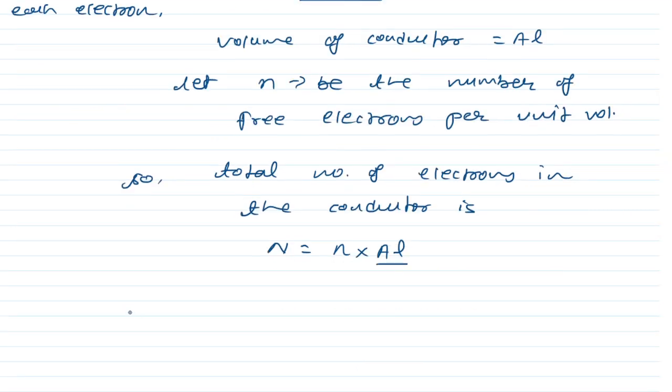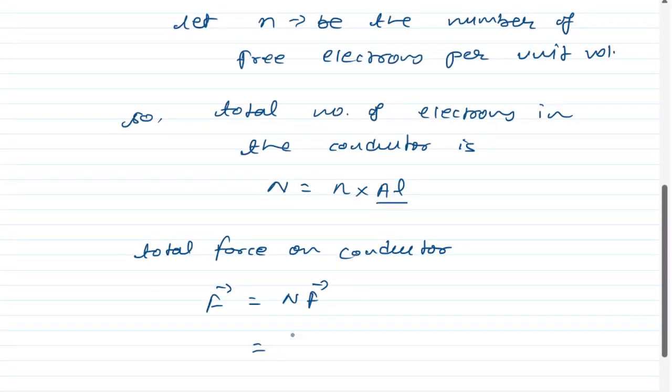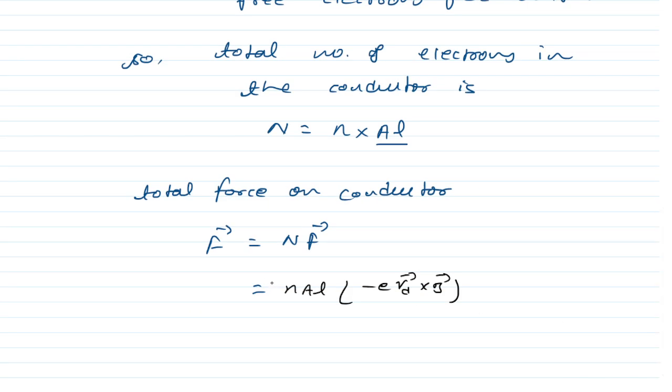Now total force on the conductor, यहाँ तो एक इलेक्ट्रॉन पर था, अब total force हम लोग अगर find out करें तो total force on conductor will be capital F is equal to इतने number of electrons हैं, एक इलेक्ट्रॉन पे small f लग रहा है, तो इतने number of electrons पे n into f लगेगा. So n into f, और n की क्या है value, it is nAL, और f क्या है, तो minus e Vd cross B. So now we can take minus sign out, we can take this e outside.